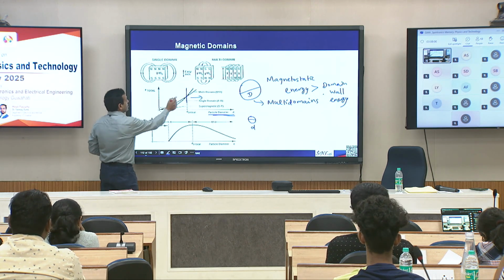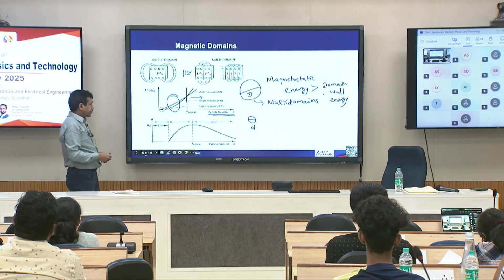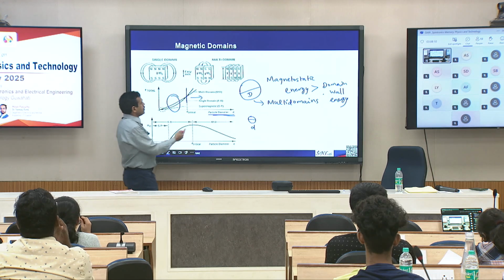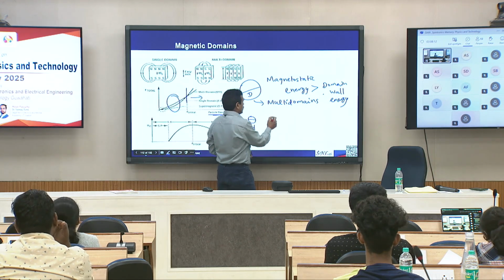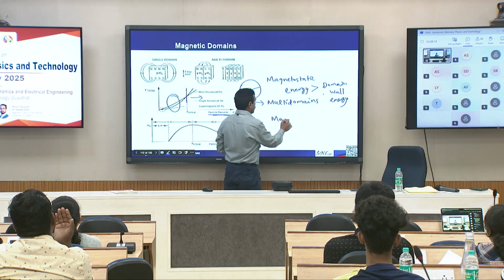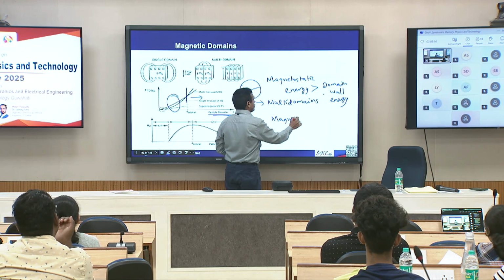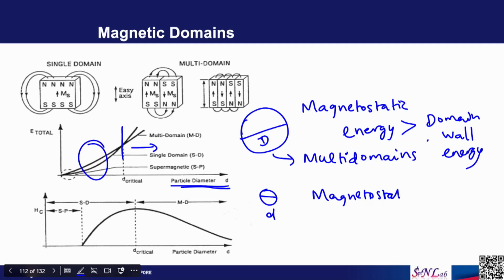So now we are in this range. In this case the magnetostatic energy will not be very high. Actually, it will be lower than the energy needed to form domain walls.